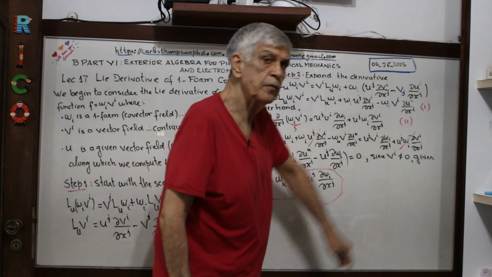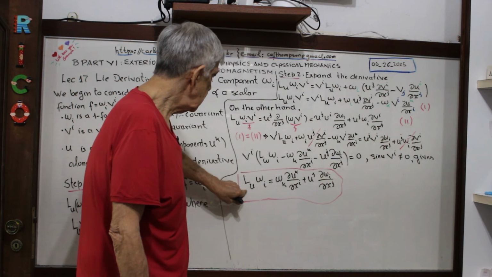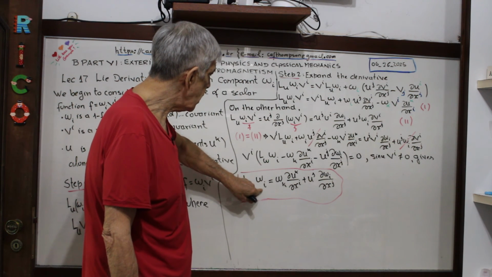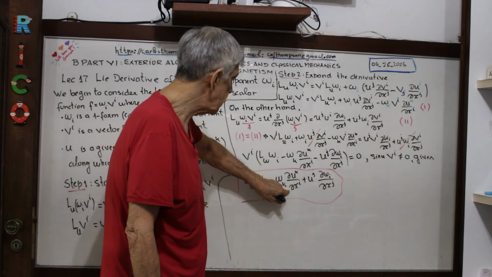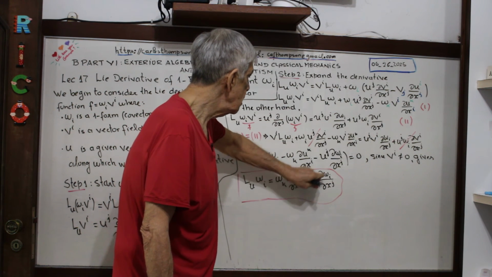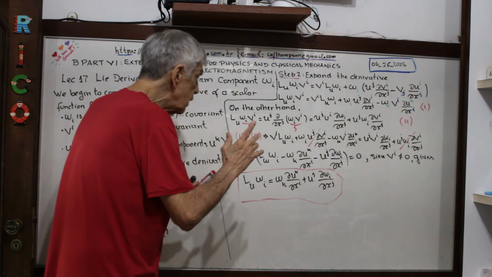Since v^i is different from 0, I can write the derivative of omega_i is equal to omega_k partial u^k with respect to x^i plus u^j partial omega_i with respect to x^j. Now, look how interesting.